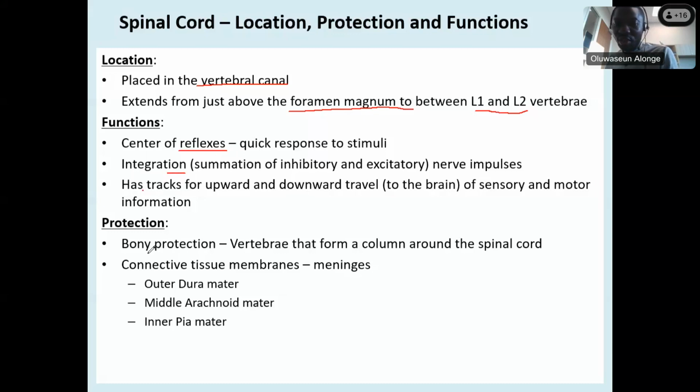Now, the spinal cord is protected by the vertebral bones because it's inside the cavity of the vertebra, which we call the vertebral foramen, right? Like every other organ that we've looked at, the spinal cord also has membranes that cover it. Now, the membranes that cover the spinal cord, we call meninges.